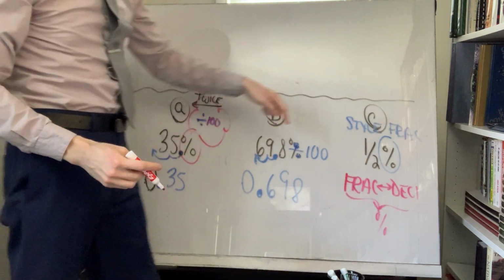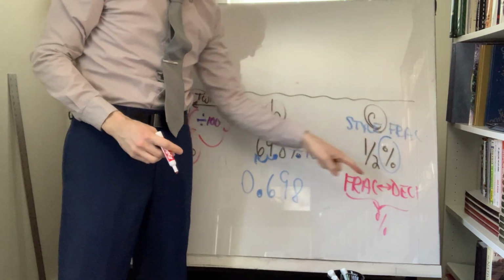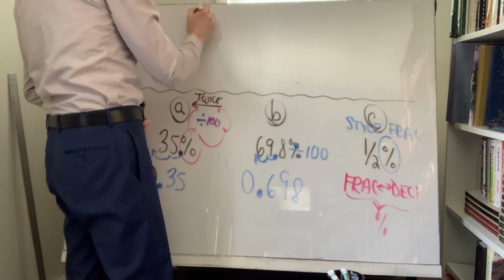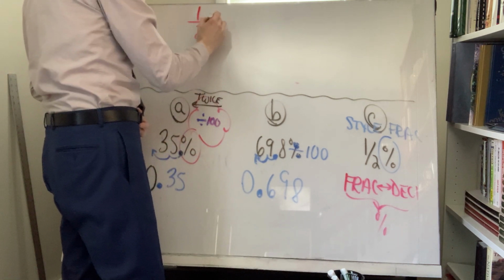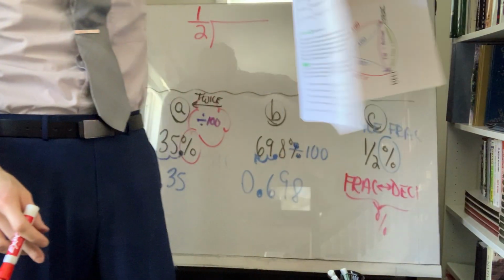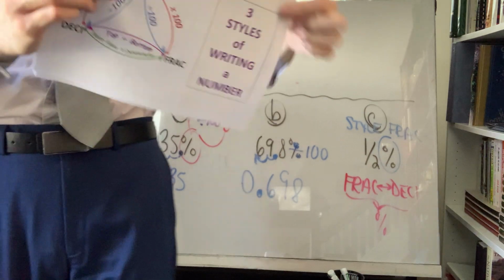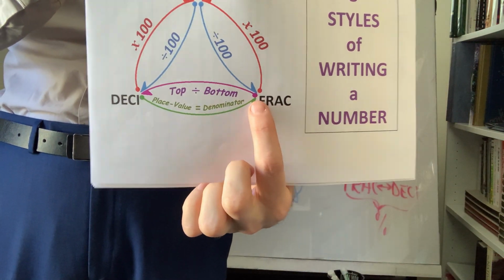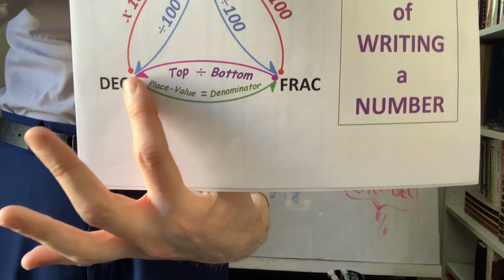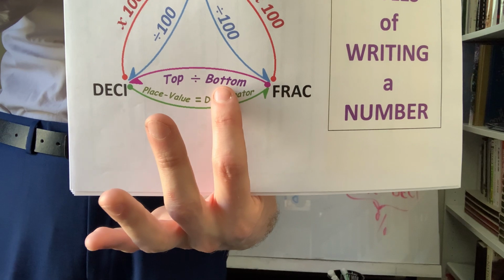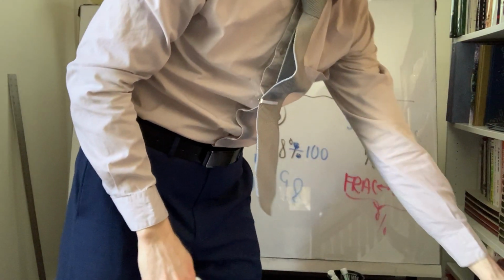If we decided to go with this train of thought, just to pull the trick that we had been doing here, then you would take 1/2 and you would divide the top by the bottom, right? This is this diagram again, all right? If you're going to convert from something in the style of a fraction to a decimal, you divide the top, the numerator, by the bottom, the denominator.